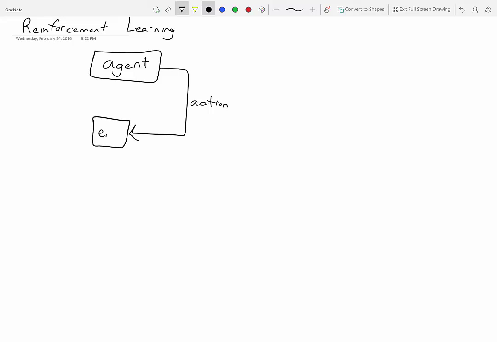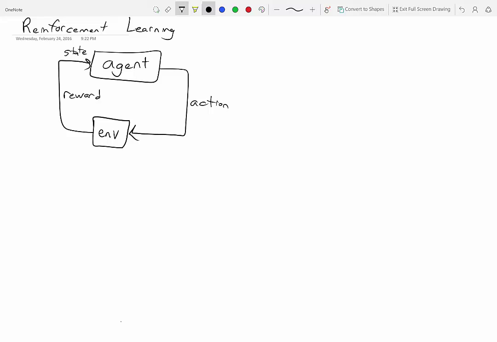Then the environment responds with the next state of the agent and also a reward. And this is reinforcement learning in a nutshell. What the agent wants to do is take actions that the environment will give it large rewards for. And this loop goes on and on forever.